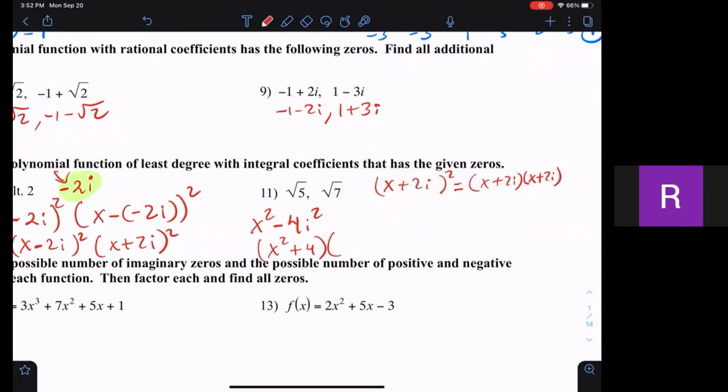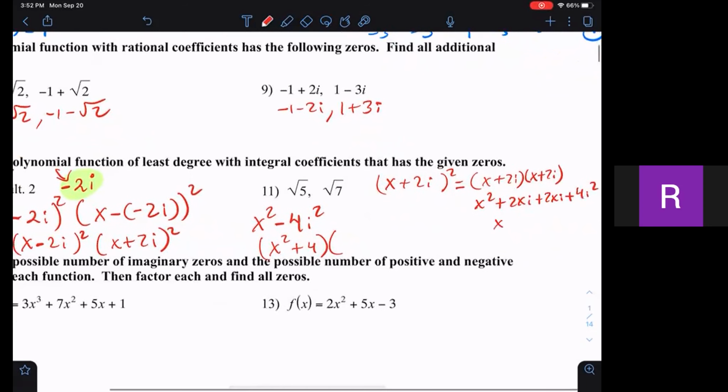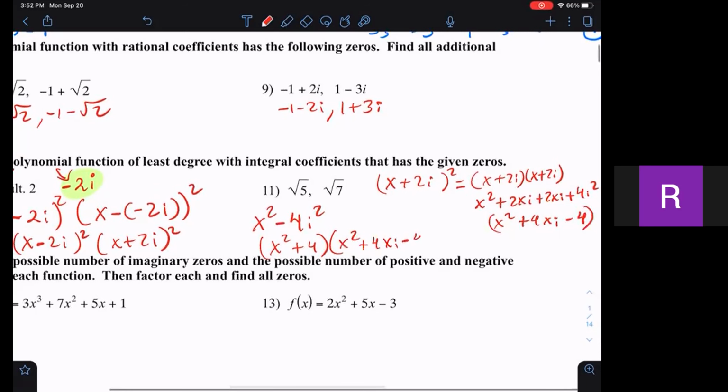So we have x squared plus 2xi plus 2xi plus 4i squared. So this is x squared plus 4xi plus, well, actually minus, because i squared is -1, and 1 times 4 is -4. Now you have these two, right? So this is x squared plus 4xi and minus 4. So you need to expand, right?